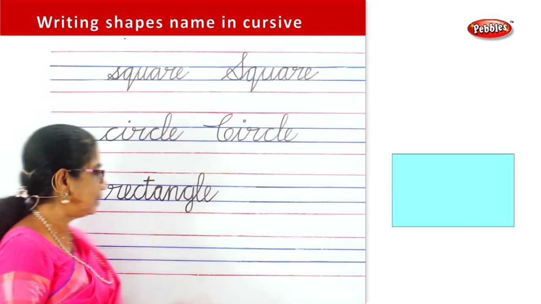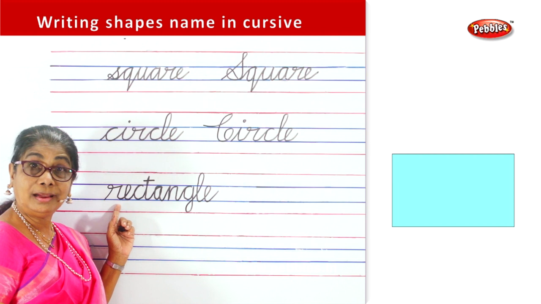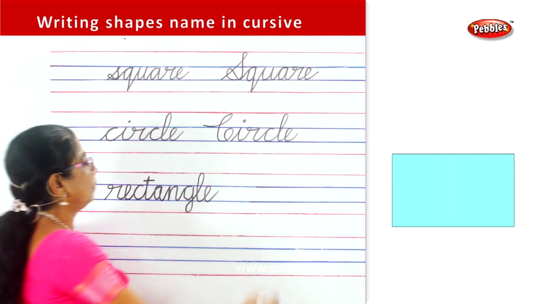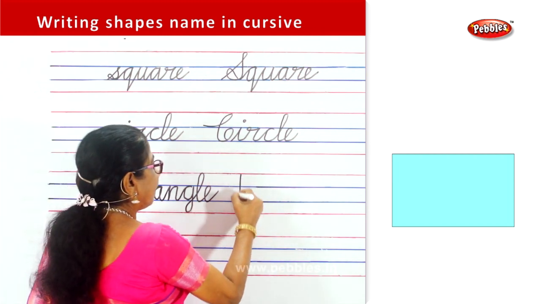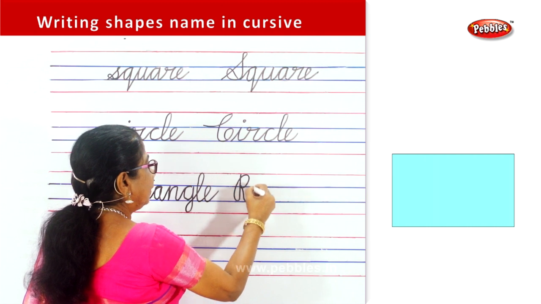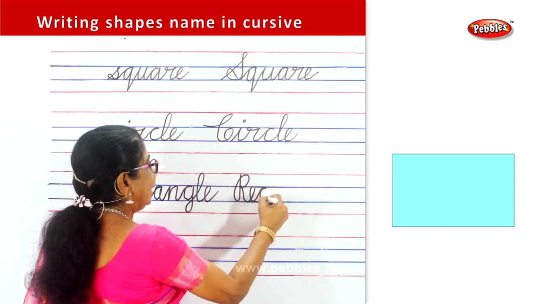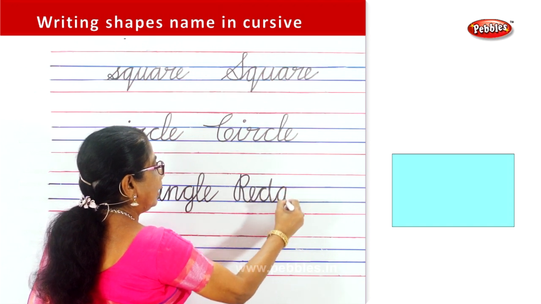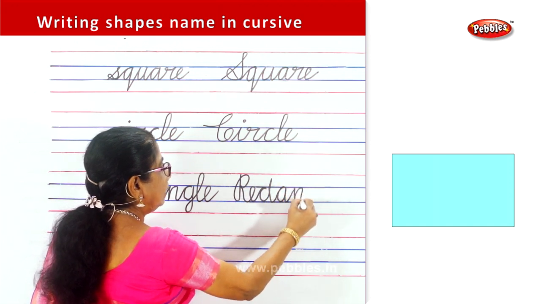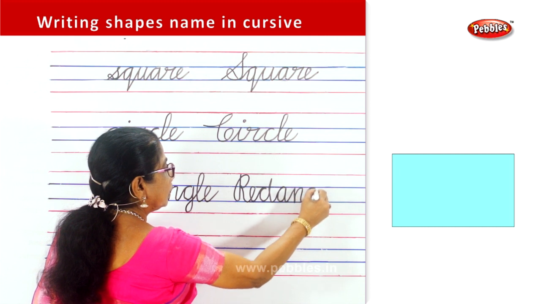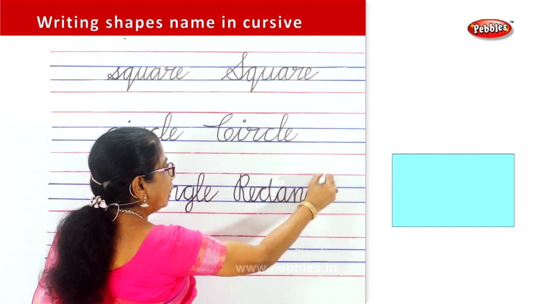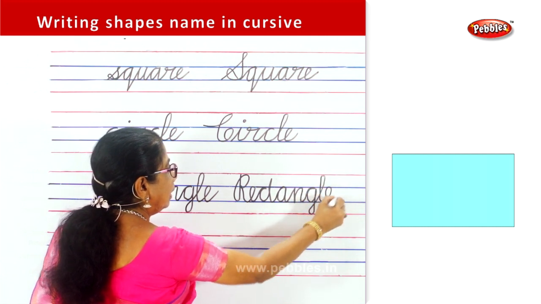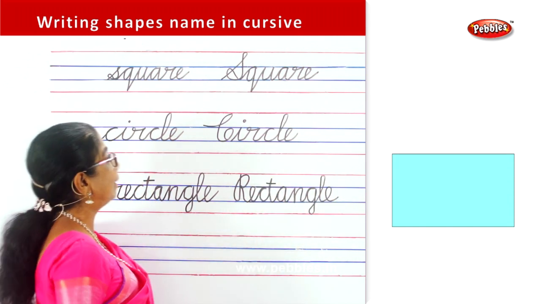Shall we write the R capital? Look. R E, C T A, N, G L E. Rectangle.